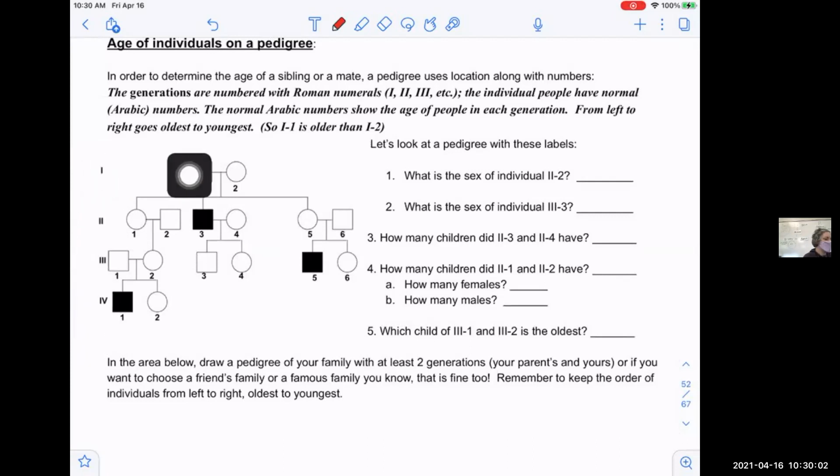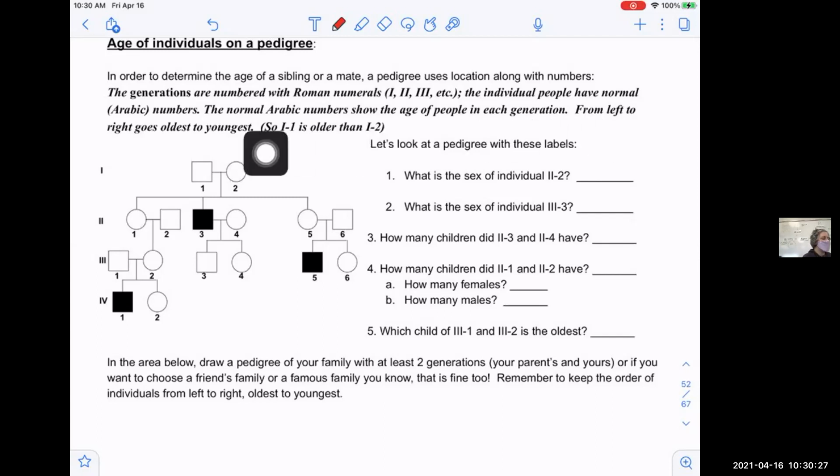So this is the first generation that's being tracked. This is the second, third, fourth generation. So you can see that in the Roman numerals. Then each person inside of that generation has normal Arabic numbers, the numbers that you're used to seeing. The normal Arabic numbers show the age of the people in each generation.